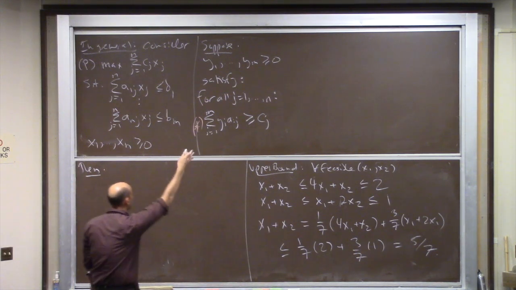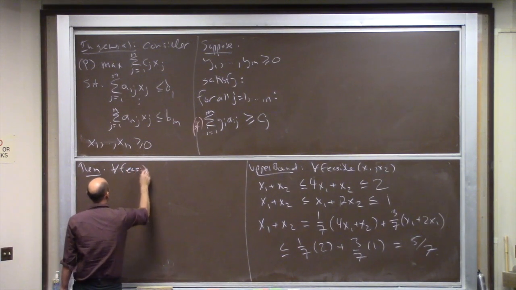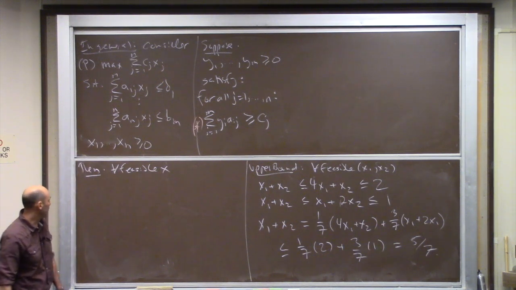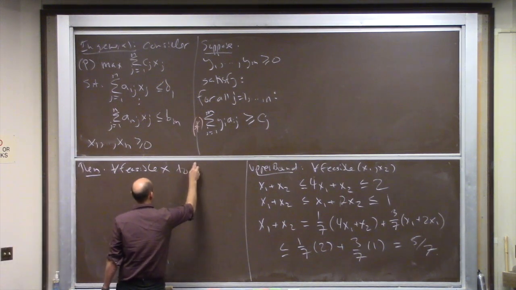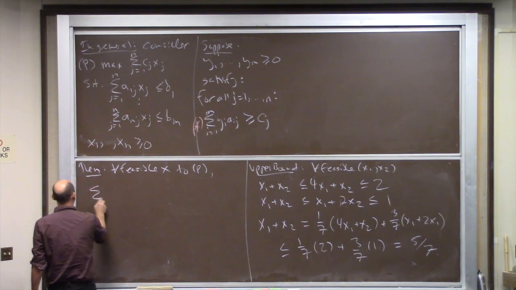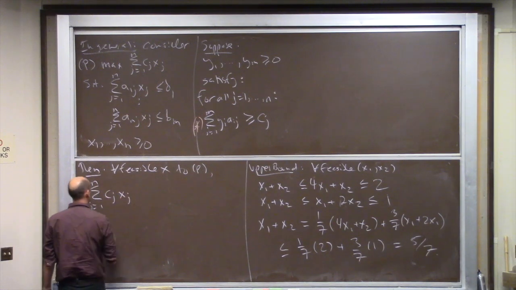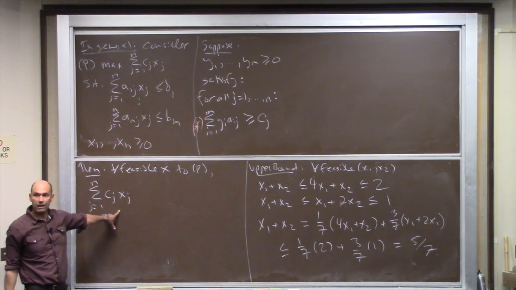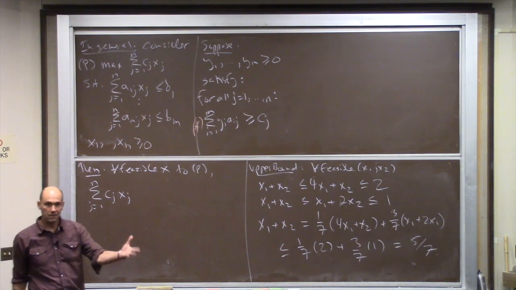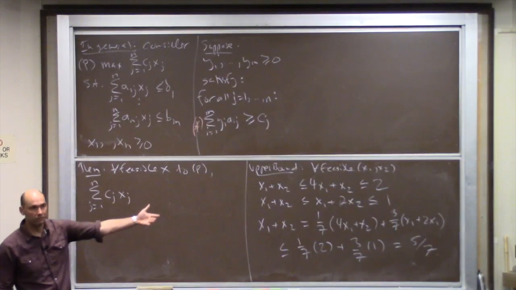So suppose y is non-negative and satisfies star. Then for all feasible solutions x to our linear program P, we can write the following. This is the objective function value of x by definition. Remember, we want an upper bound on the optimal objective function value. So I'm taking your favorite feasible solution, and I'm going to upper bound its objective function value.